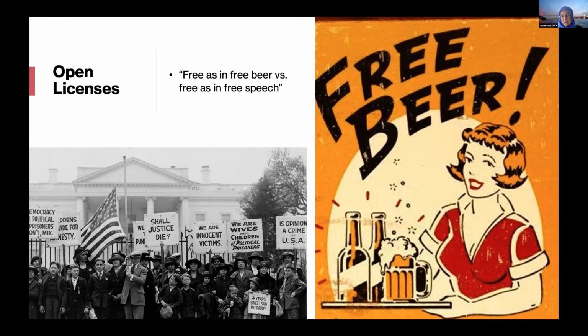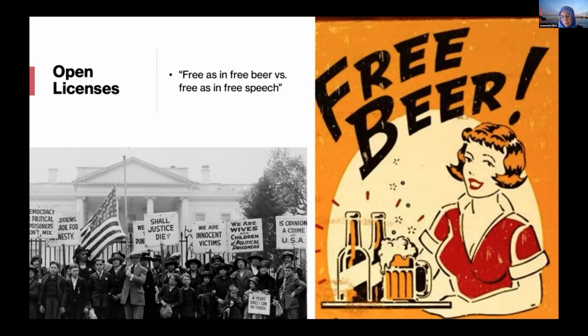In contrast, the second sense of the word free, free as in free speech, is captured by the Spanish or the French word libre. This sense of the word is synonymous with the adjective open as commonly used in the open education movement. Open in this sense refers to one's rights.